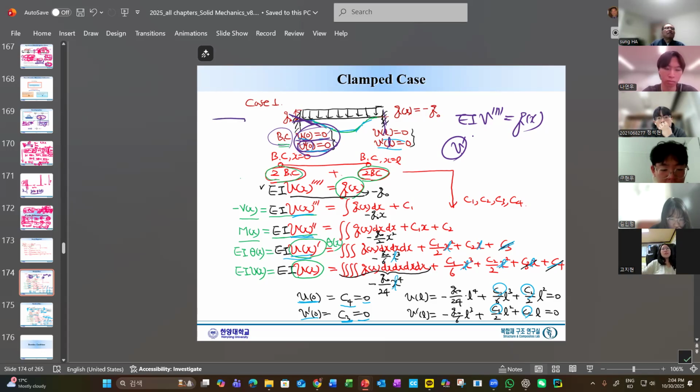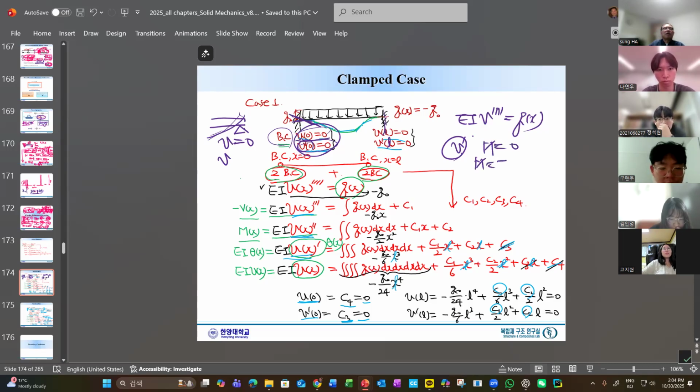And if this is a simple support like this, then what is that? The deflection should be zero, and another boundary condition is that the moment equals zero because it's allowed to rotate. Moment equals zero, but what does it mean?